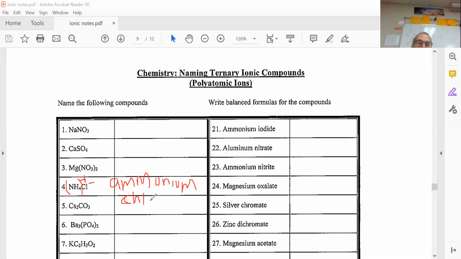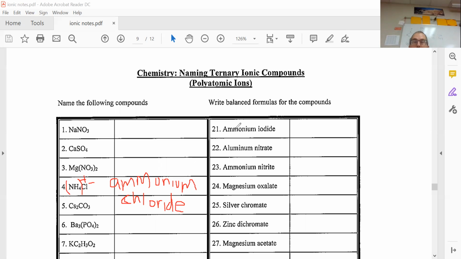It's also listed on your common ion chart. So it's a little review of before. Again, these should be balanced already, and it was, and then we just name the first metal as it is, but since this was an ion, we say ammonium, and then this would be chloride here.